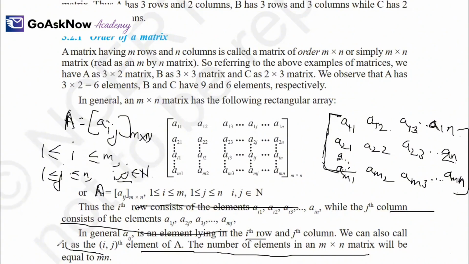I already told you that the number of elements equals the product of the numbers in the order of the matrix. So this is our discussion today for the start of matrices. Let's move on to the next topic. I will clear the drawings here.